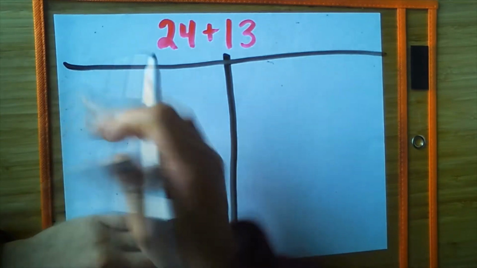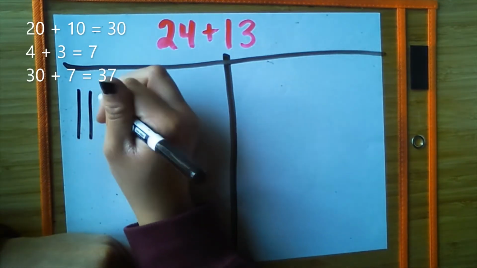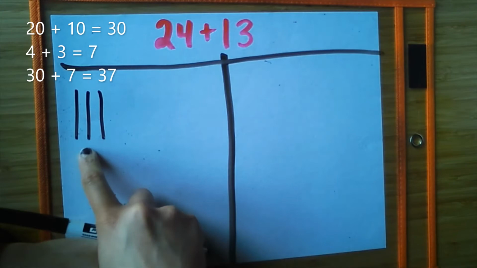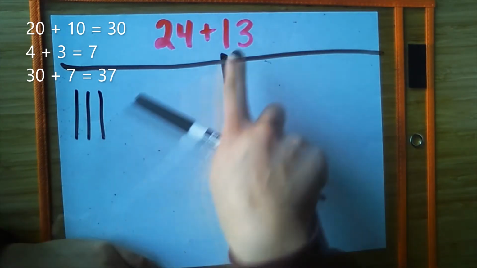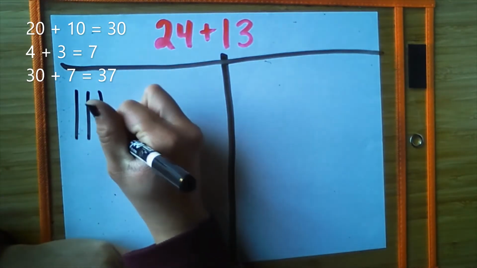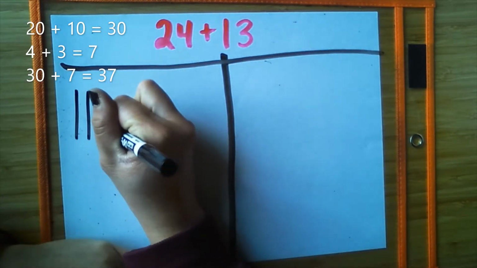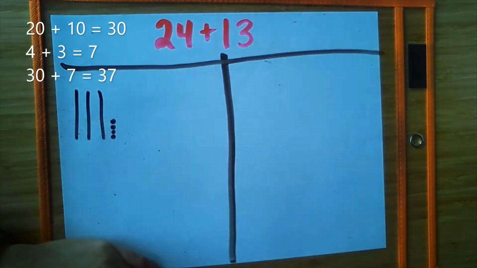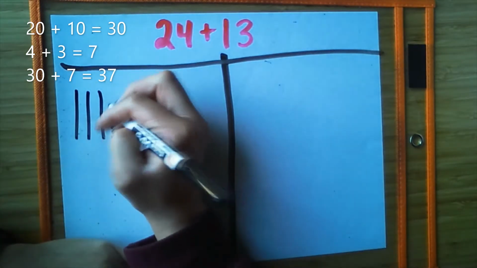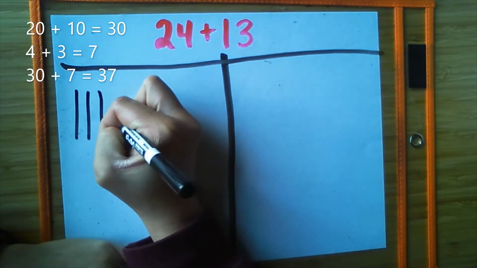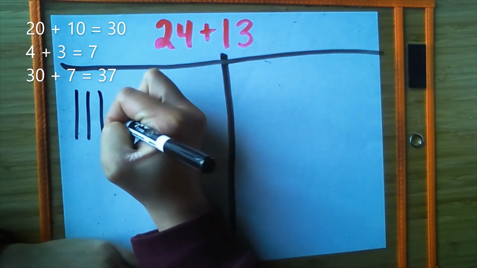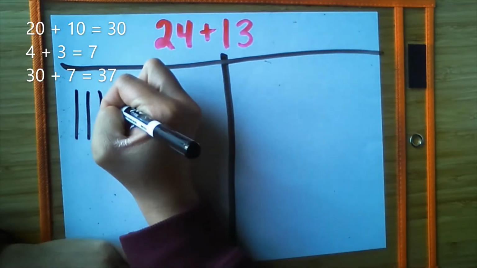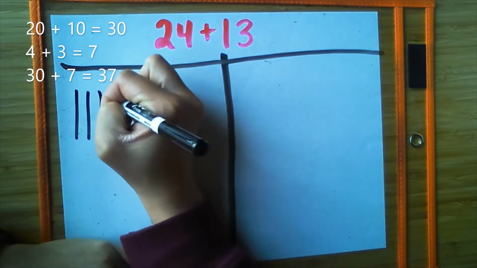So your new picture should look like this. 2 tens from the 24, 1 ten from the 13, and then we're going to draw 4 ones from 24, and then we're going to add an X. That's 1 from 13, and then another 1, and then another 1.